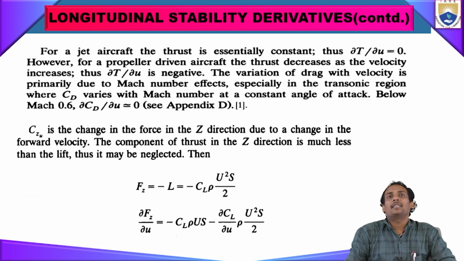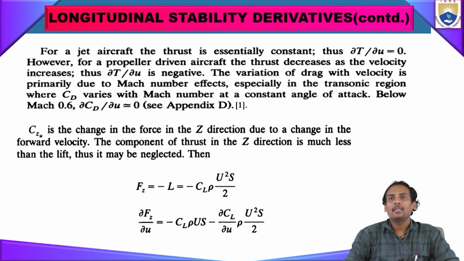For a jet aircraft, the thrust is essentially constant, so ∂T/∂u is generally 0. However, for a propeller driven aircraft, the thrust decreases as the velocity increases, so ∂T/∂u will be negative. The variation of drag with respect to velocity is due to the Mach number effect only.